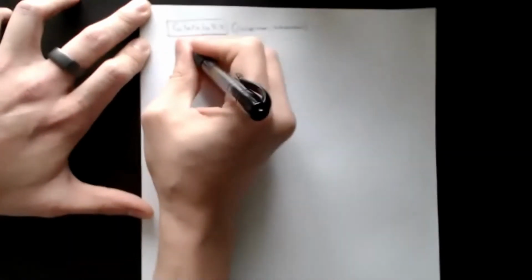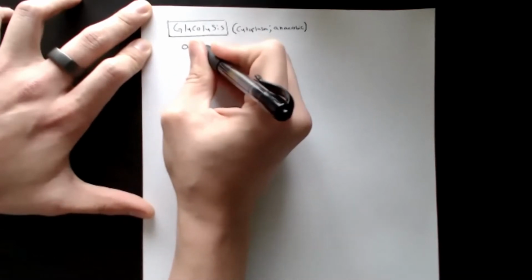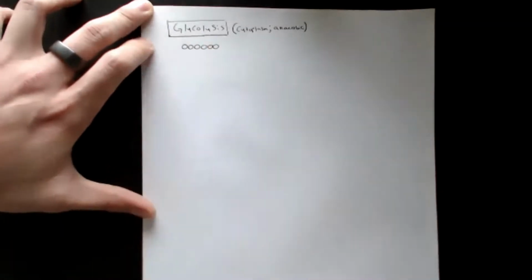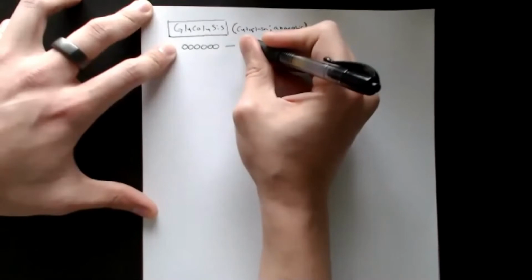We know when we start glycolysis, we're starting with the 6-carbon molecule called glucose. So I'm just going to draw six little circles, label glucose.